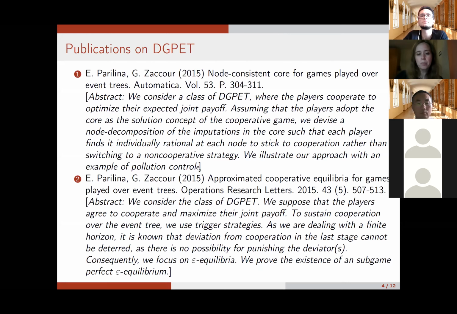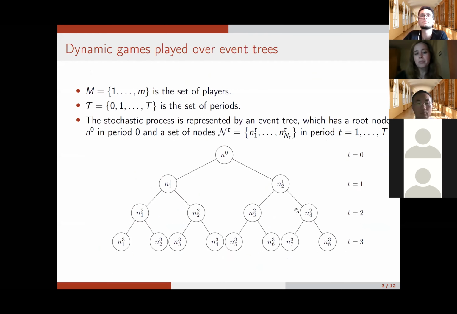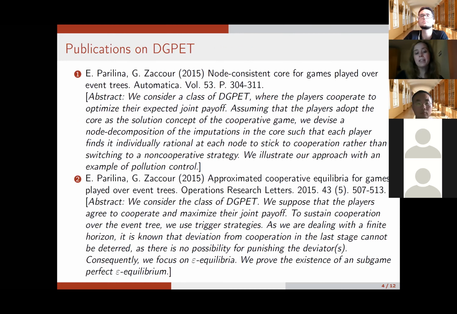So for example, we need to realize some strategies at each node. We know this, but individual deviation can be realized. And we suggested a method how to construct subgame perfect epsilon equilibrium, and suggested a method how to find this epsilon based on the payoff function and probability distribution given on this tree.